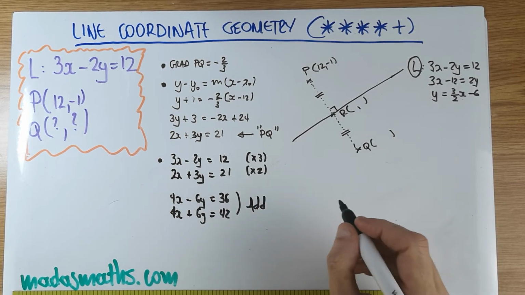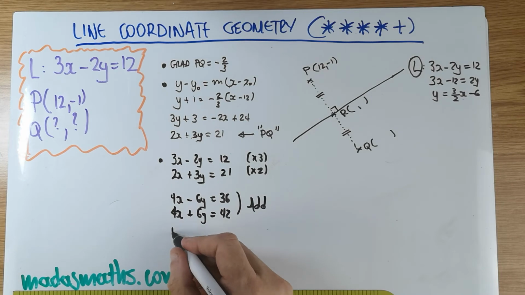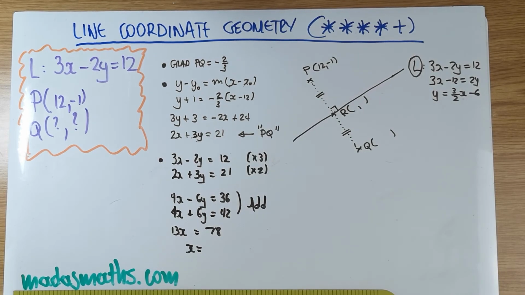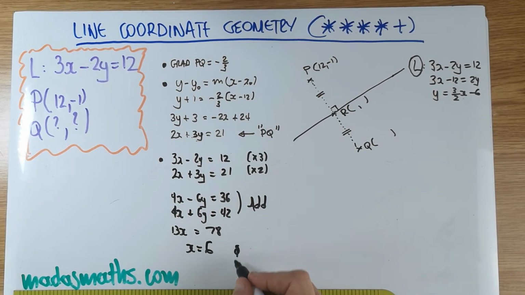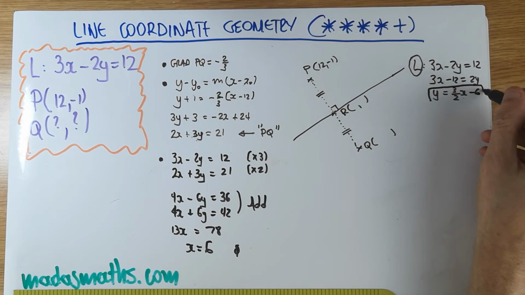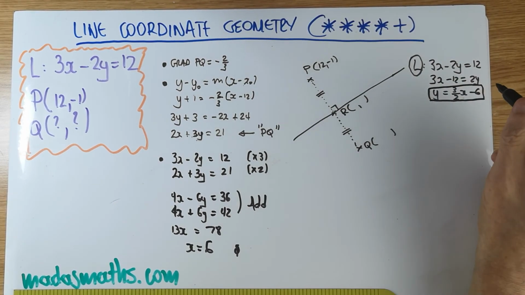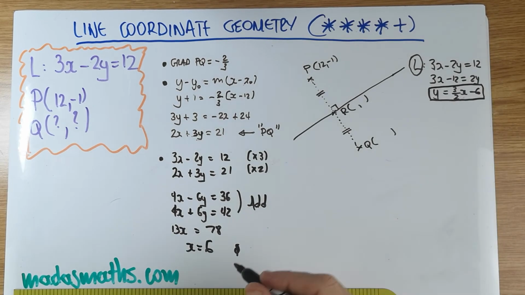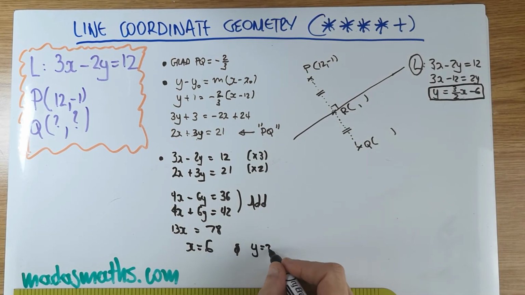I'm going to add these two equations and I'm going to get 13x is equal to 78. x is equal to 6, and of course using this particular form that I've got in there, which will give me the y very easily. 1.5 times 6 is 9, 9 take away 6 is 3.